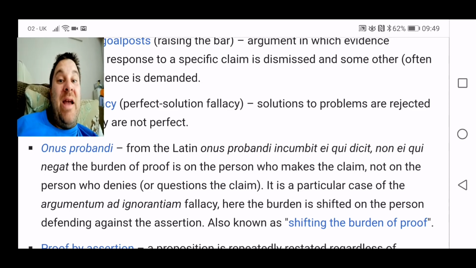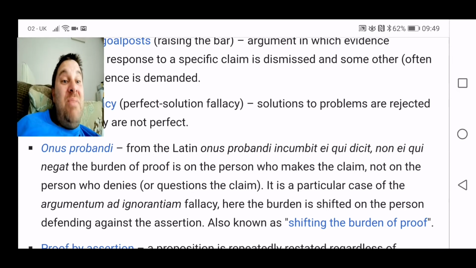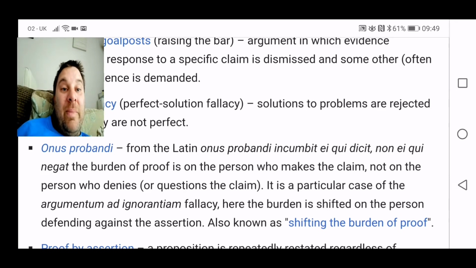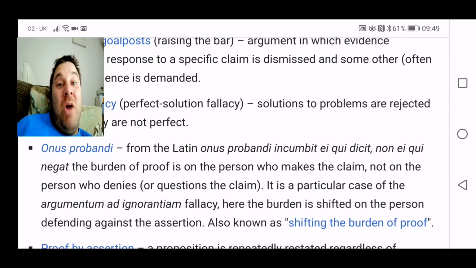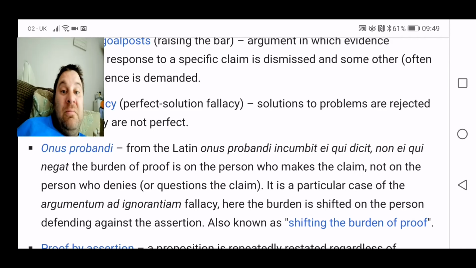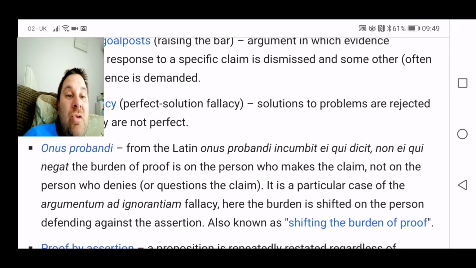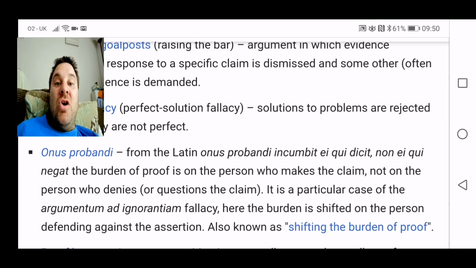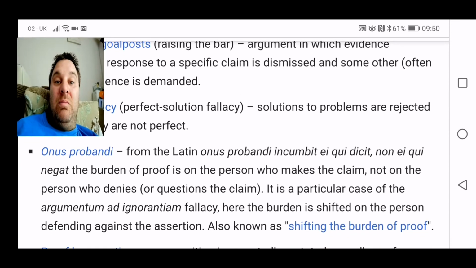It is a particular case of the argumentum ad ignorantiam fallacy. Here the burden is shifted on the individual. Like I said, nobody's a person, you're all men and women, you're individuals. Individual defending against the assertion, also known as shifting the burden of proof. That's onus probandi.